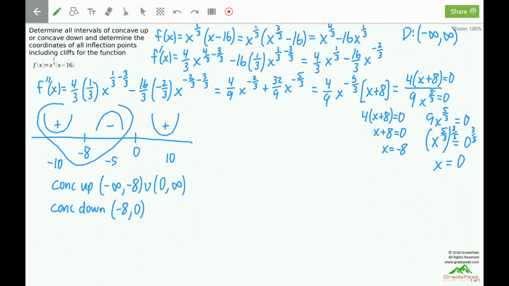Right at the candidate number of x equals -8, we have the concavity changing from concave up to concave down. That means that x equals -8 is an inflection point.